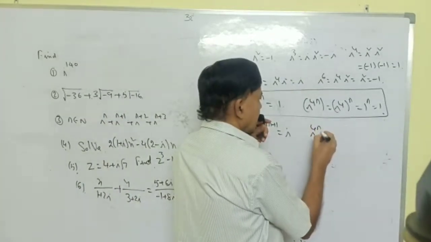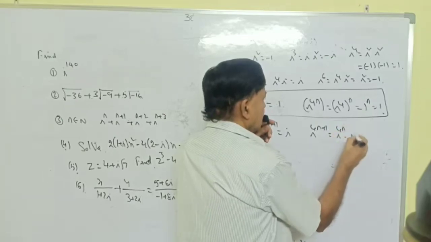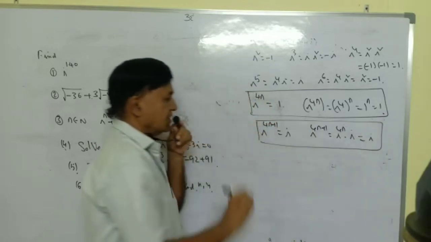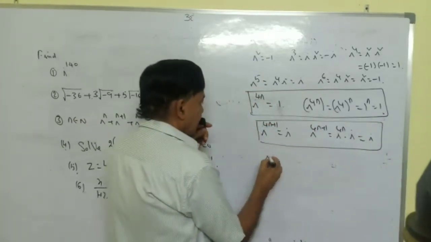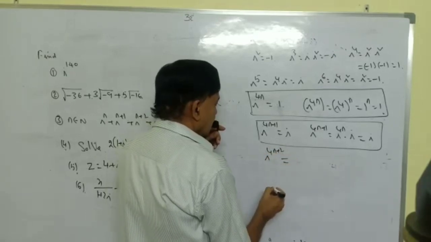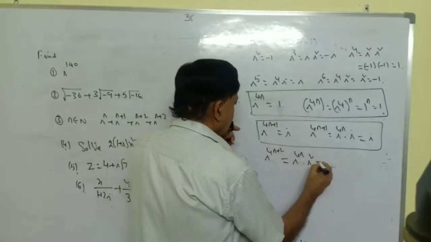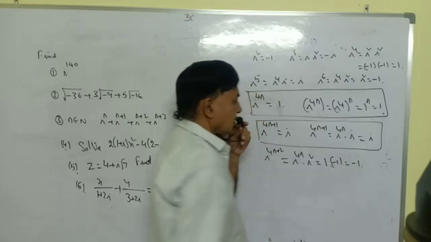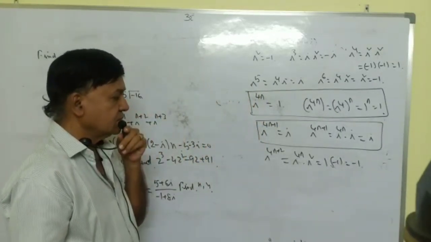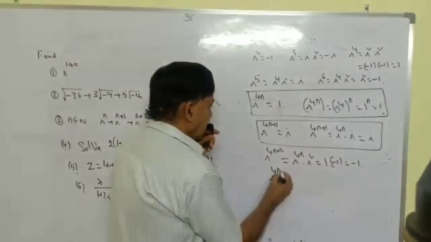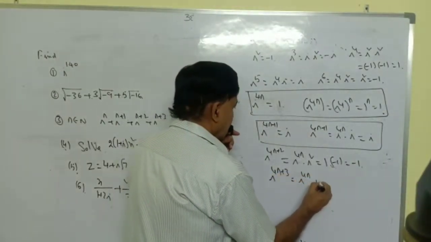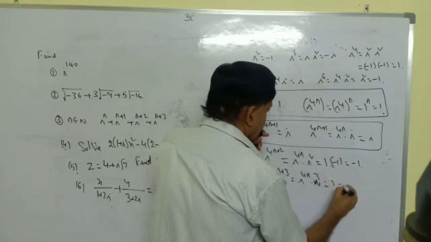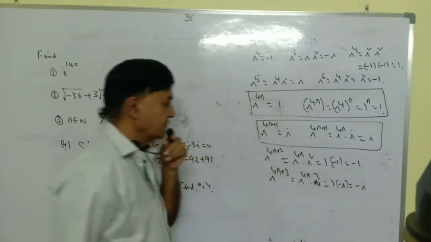Because i power 4n is 1, therefore you will get i. i power 4n plus 2 is i power 4n into i square. i power 4n is 1, i square is minus 1, therefore you will get minus 1. i power 4n plus 3 is i power 4n into i cube. i power 4n is 1. What is i cube? Minus i. So you will get minus i.